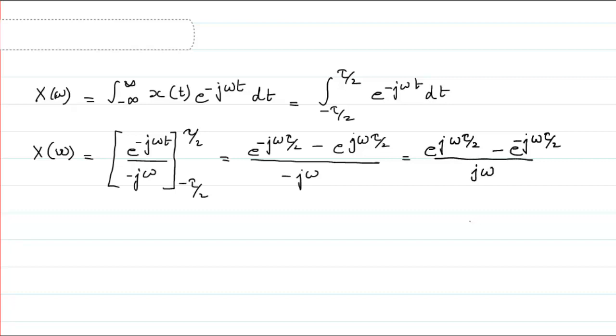And we know Euler's function is basically sine theta is equal to e raised to power plus j theta minus e raised to power minus j theta divided by 2j.